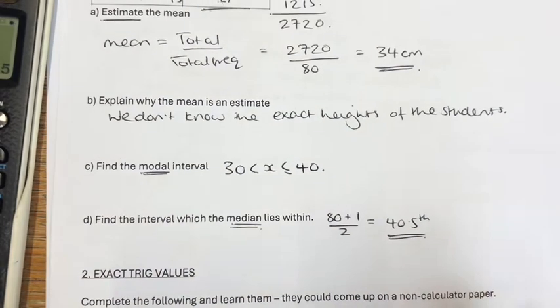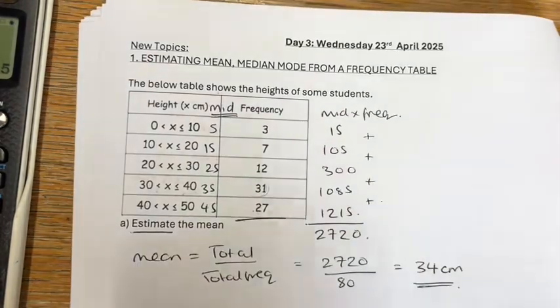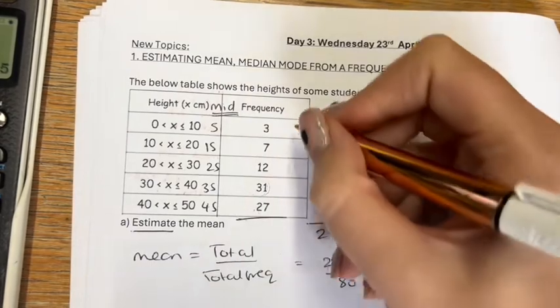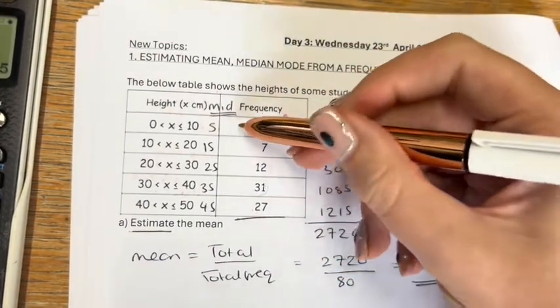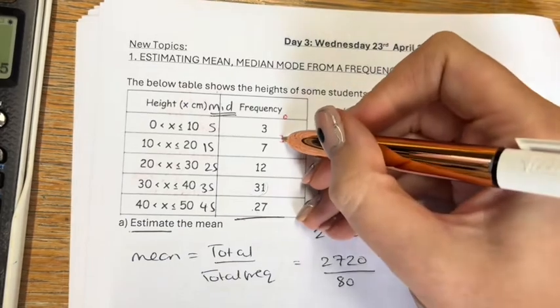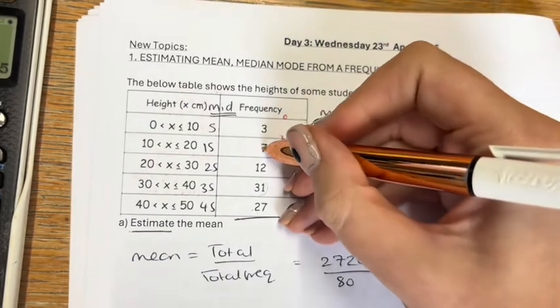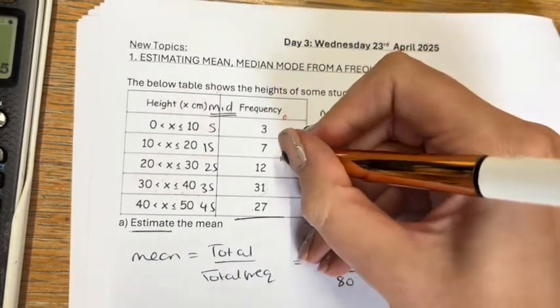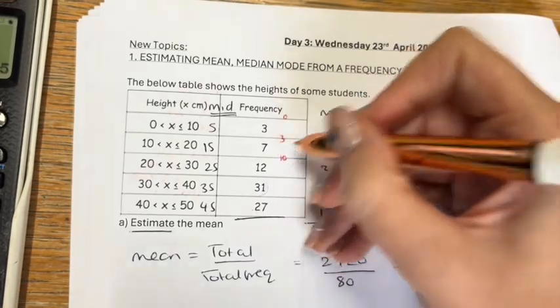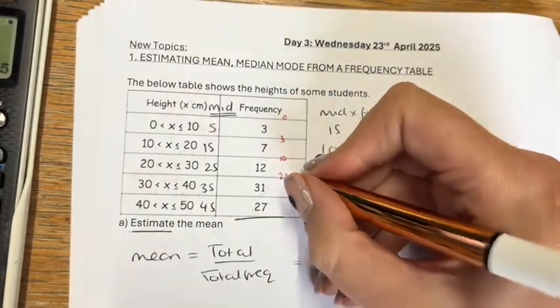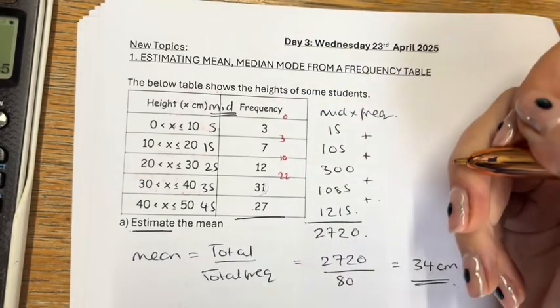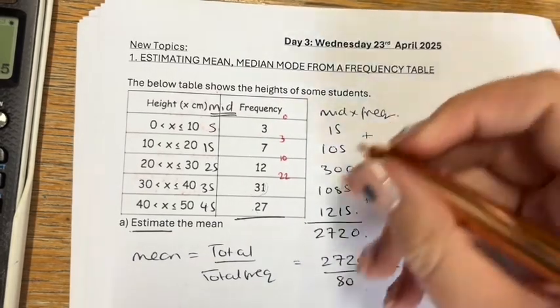Where are they? So if I look back at my frequency table, I can see my first 3 people. So between 0 and 3 people are in this interval here. Then between 3 plus 7 and 10 people, the next 7 people are in this interval. Add again, between 10 and 22 are in that 3rd interval.